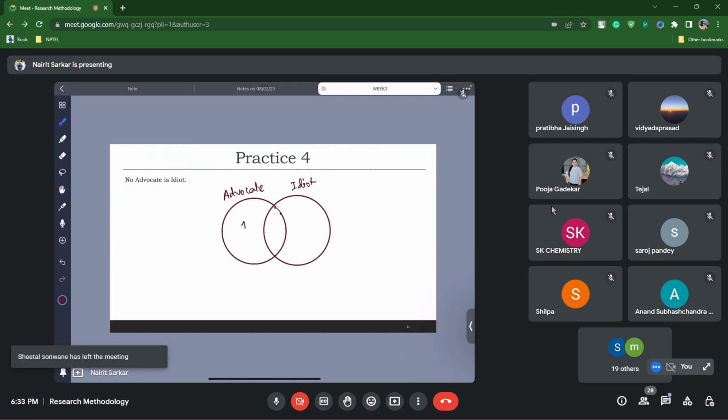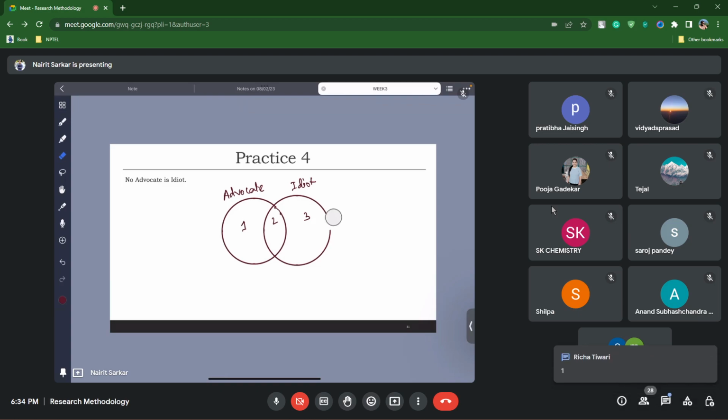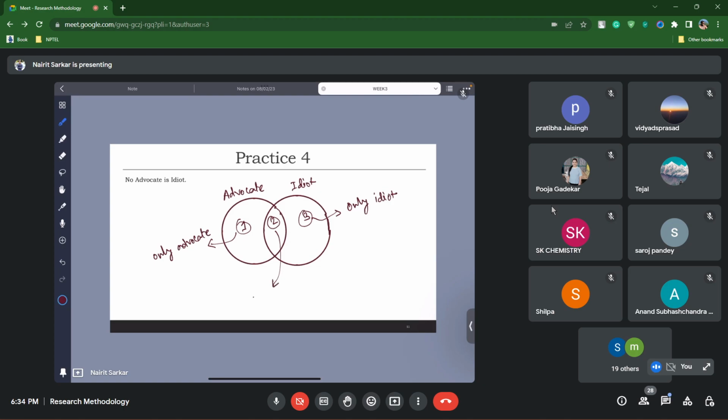Where should I shade? 1, 2, 3. This region. Why 1? 3 means only idiot. 1 means only advocate. 2 means advocate plus idiot. Shading always happens in empty areas.